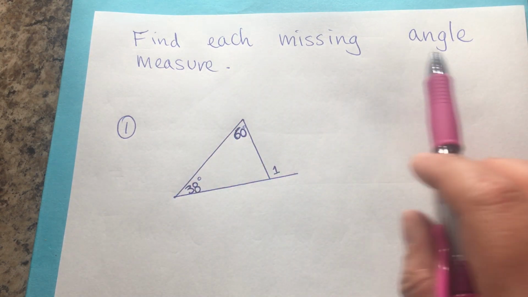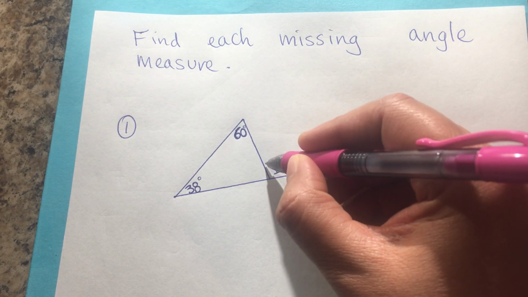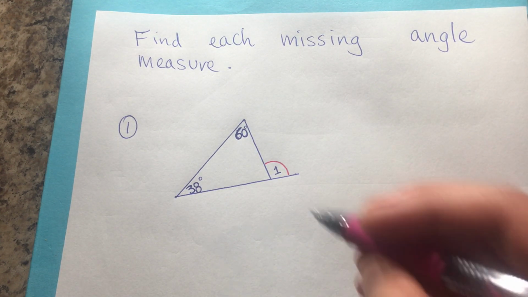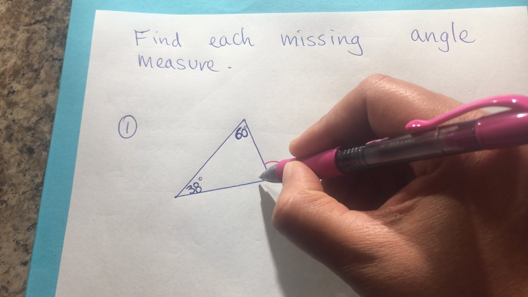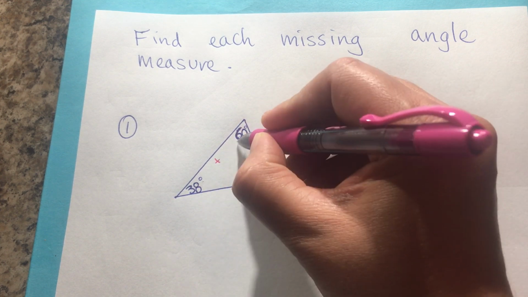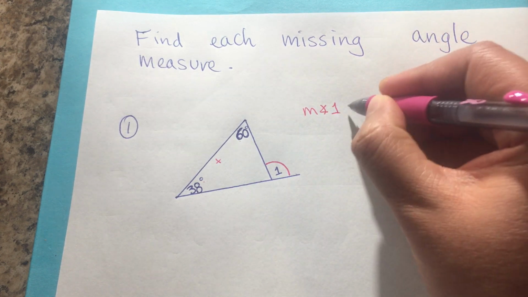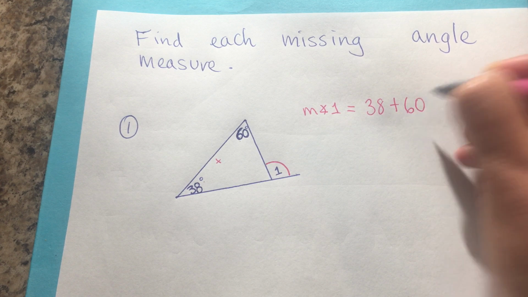It says find each missing angle measure. And so, as we said before, to find this angle, all you have to do is add the angles that are not adjacent, so these two right here. So the measurement of angle 1 is equal to 38 plus 60.